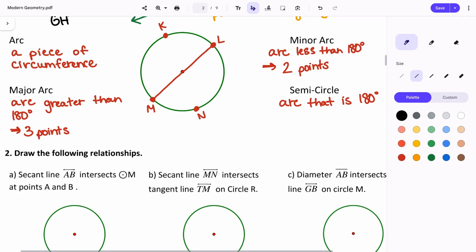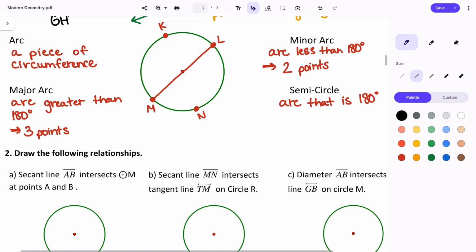So a major arc would be something greater than 180, and we use 3 points. Now, I don't have any numbers on here, so we just have to use our best judgment as to what we think would be over 180. We know what a semicircle would be, and that's why I drew in that diameter, because that's going to give us our halfway point. So I would need something that goes over that.